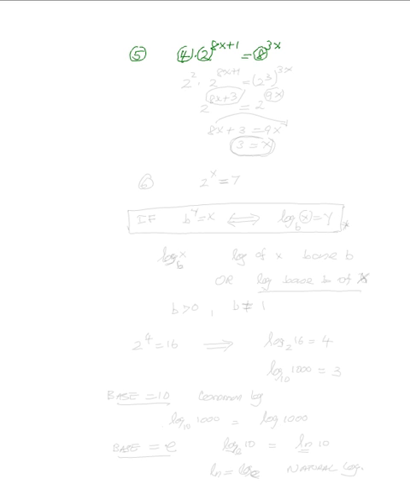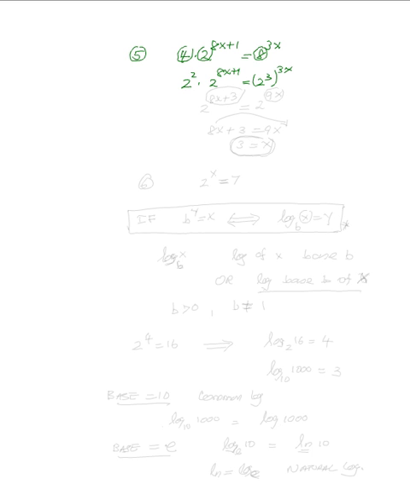As you know, 4 can be written as 2 to the second power, and 8 as 2 to the third power. If we make 2 our common base, we have 2 to the second power times 2 to the power 8x plus 1 equals 2 to the third to the power of 3x.